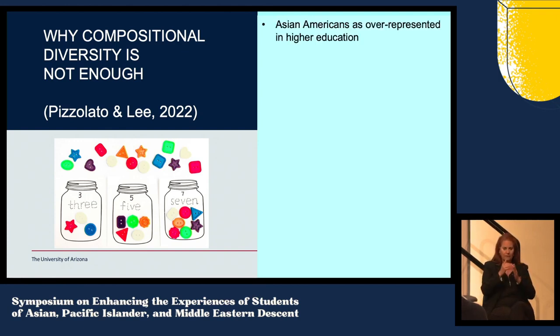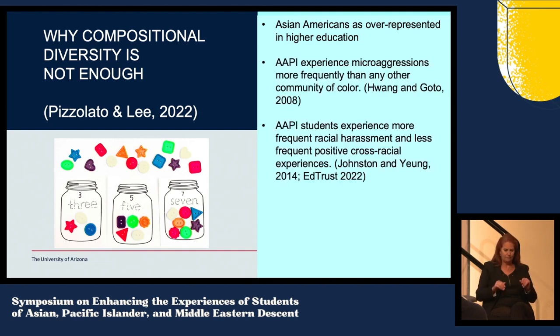Oftentimes, we don't need to include Asian Americans because there's already so many. They're doing great, right? But oftentimes what is not said is that AAPI students experience more microaggressions than any other community of color. They experience more racial harassment and have less positive cross-cultural experiences.